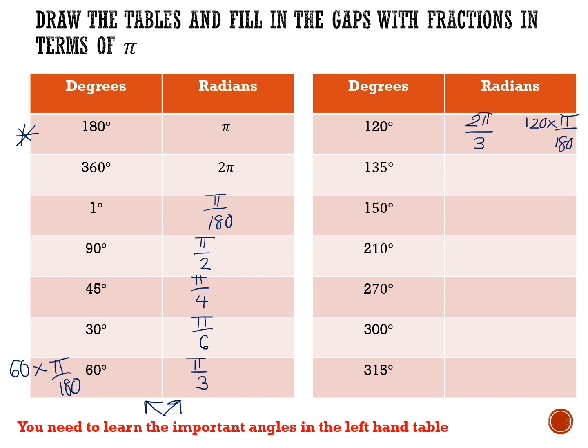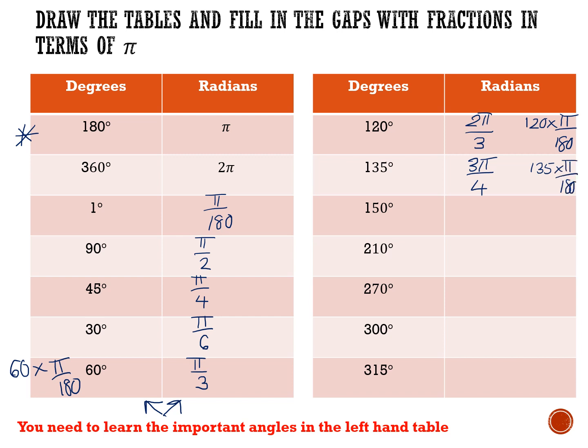Okay, 135. Well, 135 is 3 lots of 45, so that's going to be 3 pi by 4. I might not necessarily remember that, so just do 135 times pi over 180.